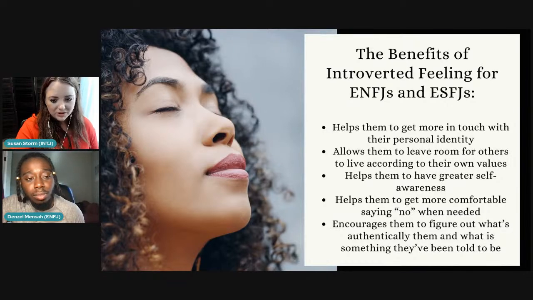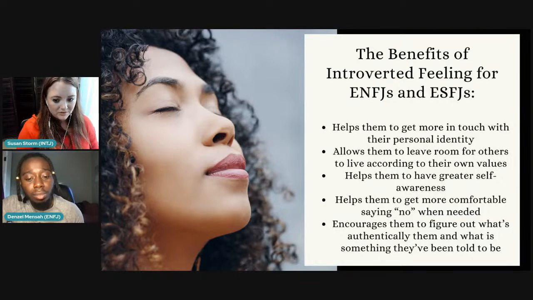So when they integrate introverted feeling, they get more in touch with their personal identity. They allow others to have more room to live according to their own values. So imbalanced extroverted feeling tends to think that everyone needs to operate in the same way to some degree. Like, we all need to get along. So if someone's rocking the boat because they don't have the same values, that can be a problem for an imbalanced EFJ type.